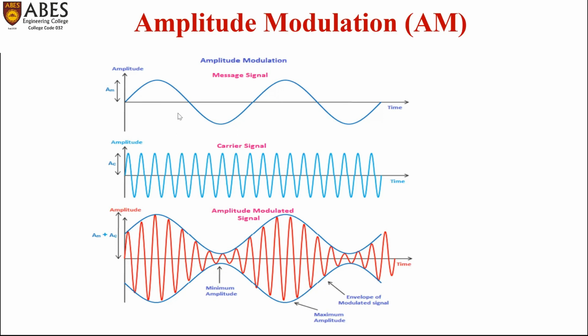So now we are going to multiply, or superimpose, these two signals, the message signal and the carrier signal. After multiplying with the help of a product modulator, we get the final modulated output, as we can see in the third figure. So this is the final amplitude modulated wave which we can transmit through the channel.